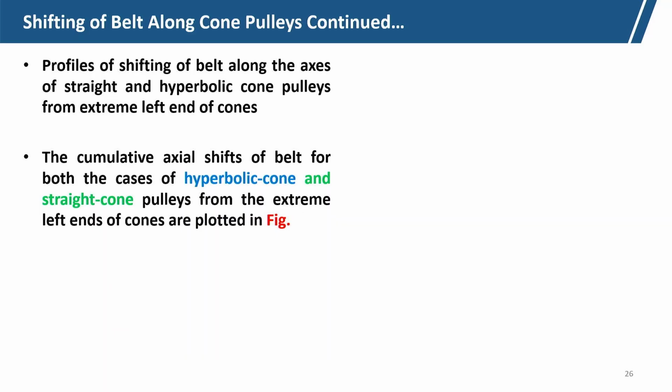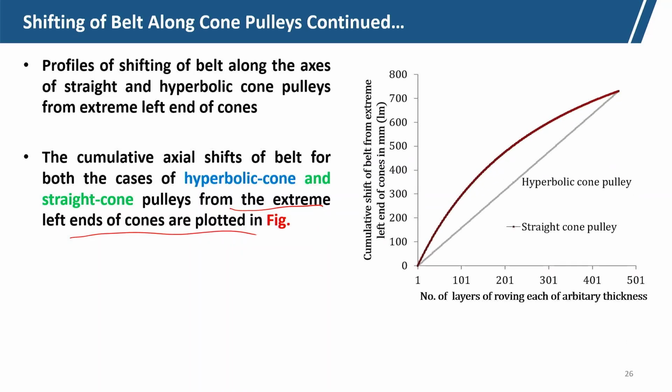Now, the cumulative axial shift of the belt for both cases, that is the hyperbolic and the straight pulleys, from the extreme left end, this is the plotting. Now, if you see, for the hyperbolic cone pulley we shift the cone belt in a straight fashion.